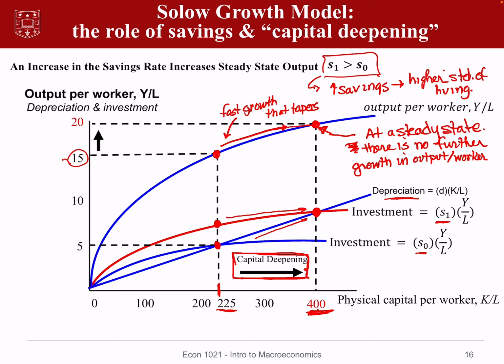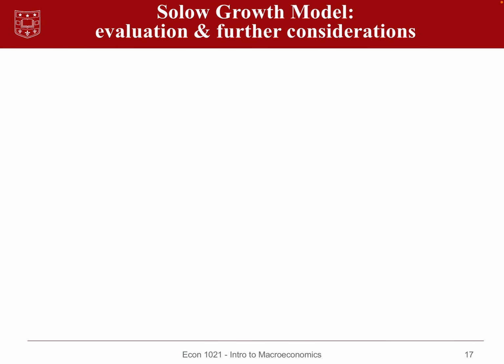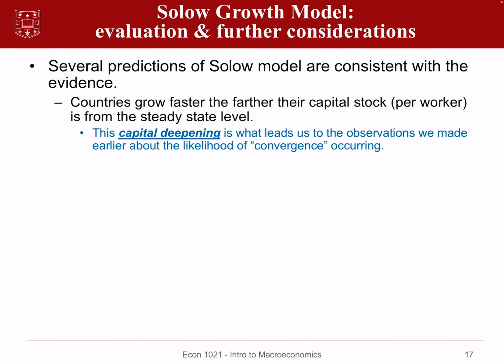There is no further growth in output per worker. So we experience, as a result of more saving, initially, temporarily, faster economic growth, but it tapers off and eventually we reach this steady state where we just sit until there's some other change.